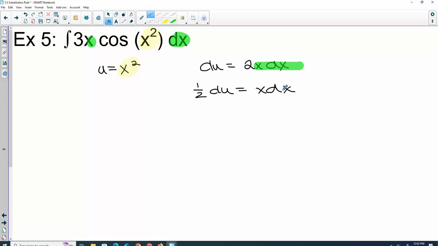Yes, you could also think of it that way if you're multiplying the 3. So when I substitute here, the x and the dx are going to get replaced with 1/2 du. So basically you have a 3 times a half, or 3 halves. We have the cosine, instead of x squared, we have u.